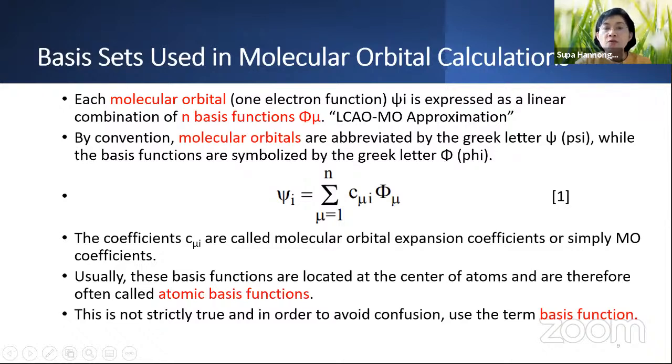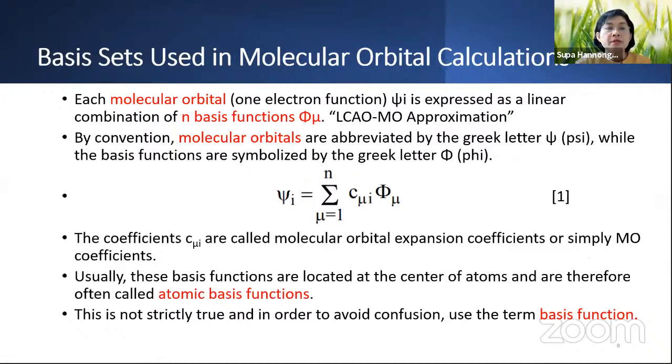And then we use equation 1 to represent the molecular orbital as the linear combination of atomic orbitals. And the c over here are the coefficients, the values that we can find out later on. We call them molecular orbital expansion coefficients, or simply molecular orbital coefficients.